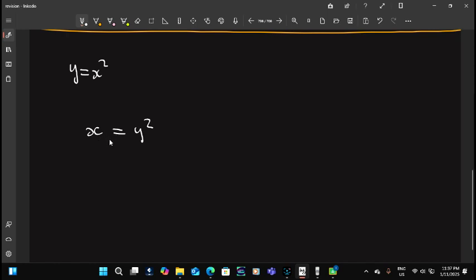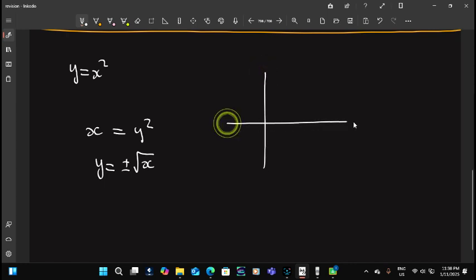So I'm going to introduce the square root on both sides, and be careful, you introduce the square root of plus or minus. The square root eliminates the square. So I will have y is equal to plus minus the square root of x. If you were to draw the function of plus minus the square root of x, it would be something like this.